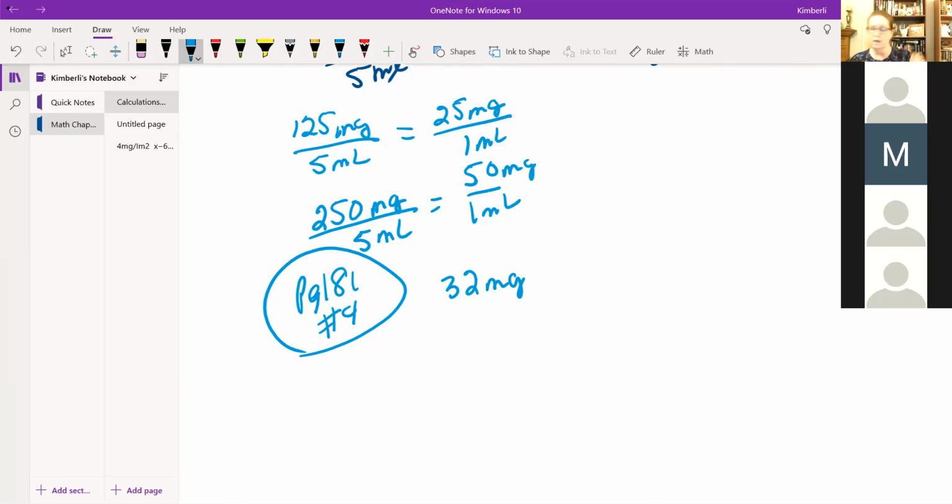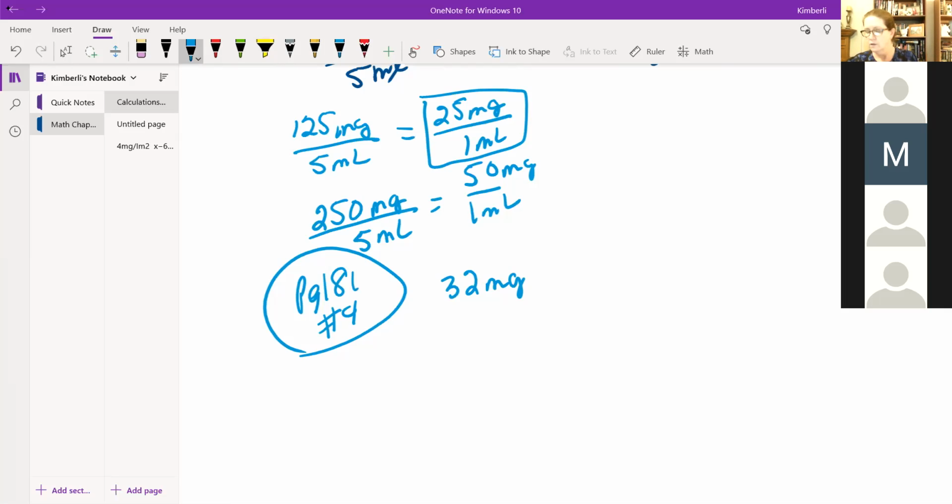So let's estimate first. If it's 125 per 5, we know it's going to be 25 milligrams per 1, right? Yes. Okay, so we want 32 milligrams. 25, 50. Well, right away, we know our dose needs to be between 1 and 2 milliliters, right?